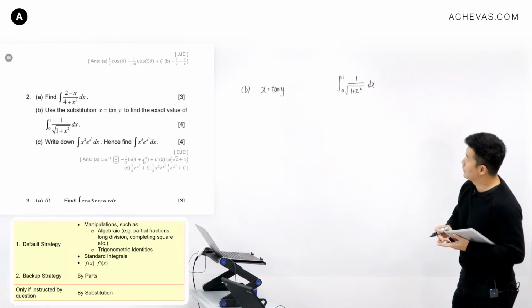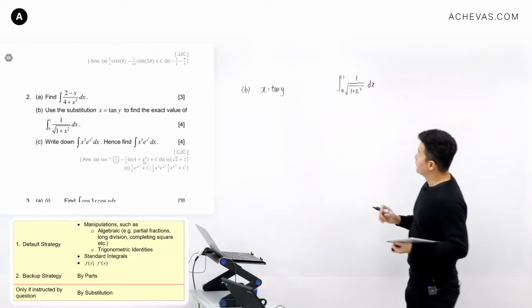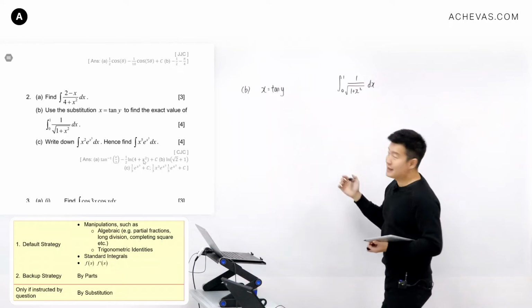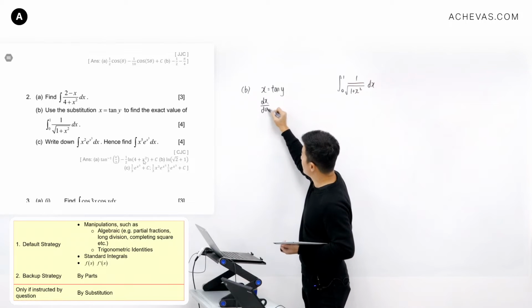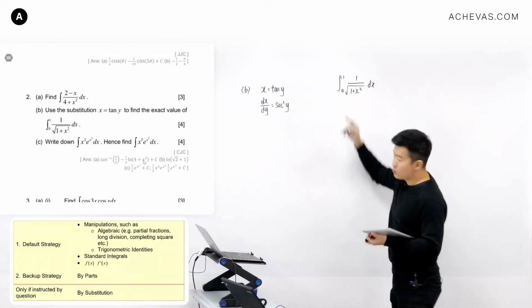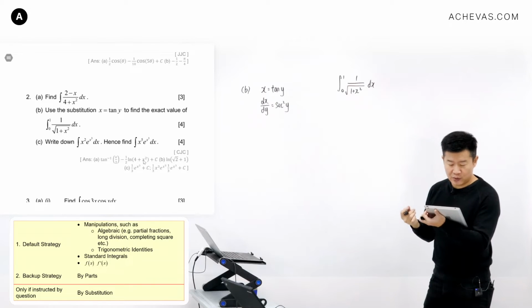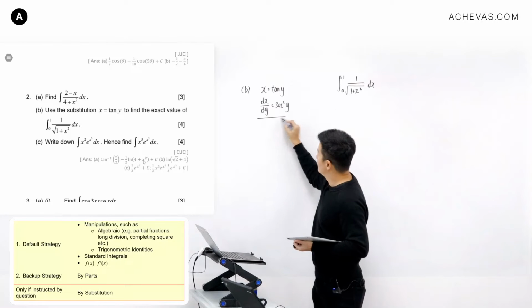Okay, we are supposed to integrate this. So we are going to be replacing all the x by y. So I need to be replacing this dx. I guess we have to find dx/dy, which is secant squared y. 0 and 1, they are x values, so I want to also replace them by the corresponding y values.